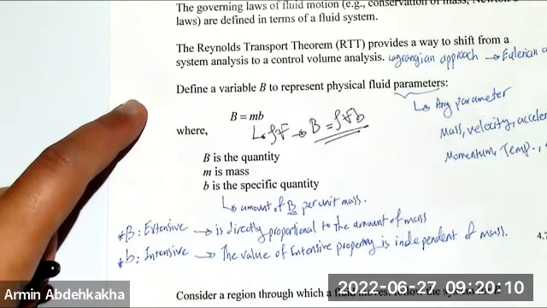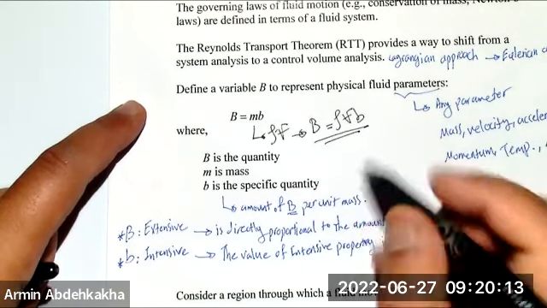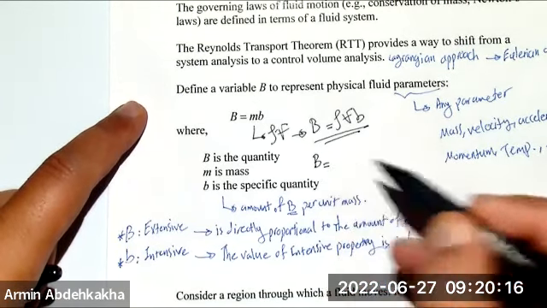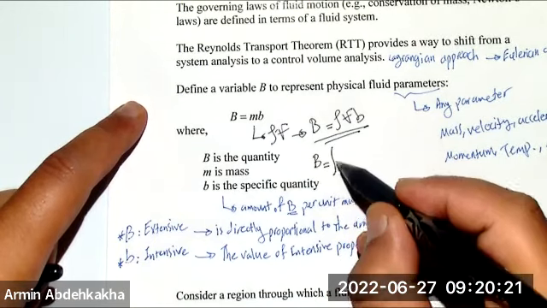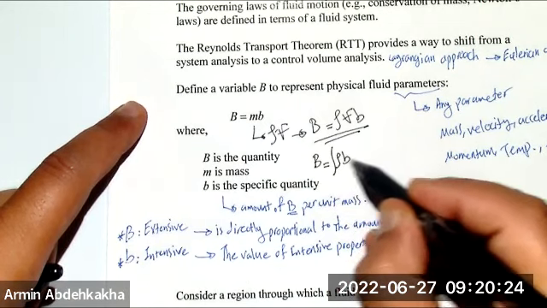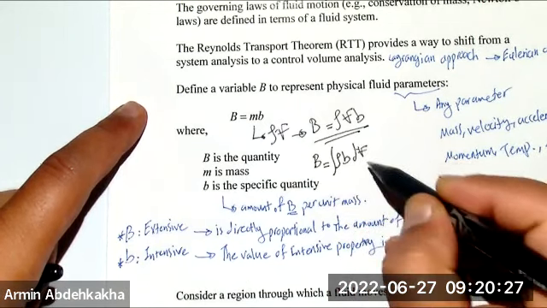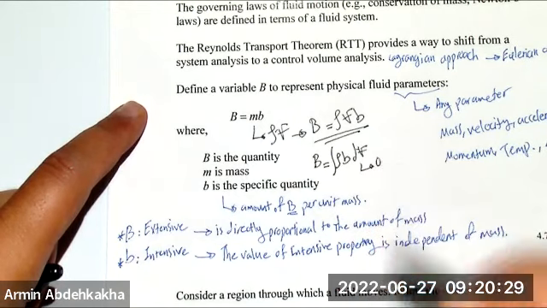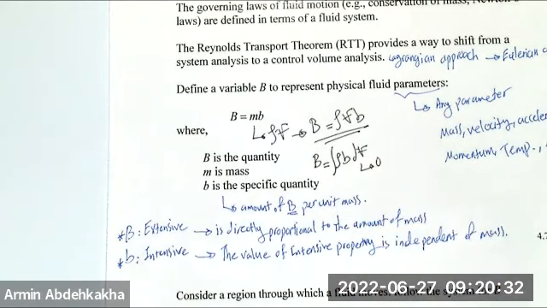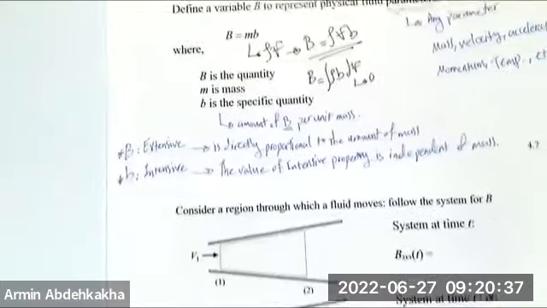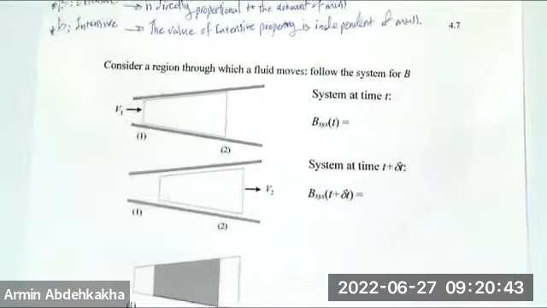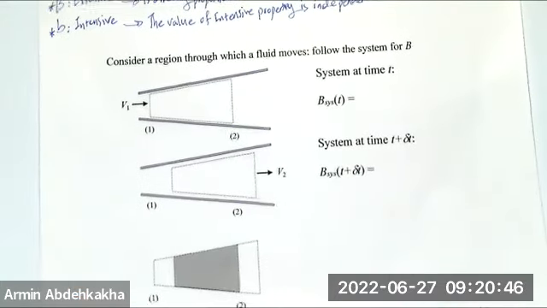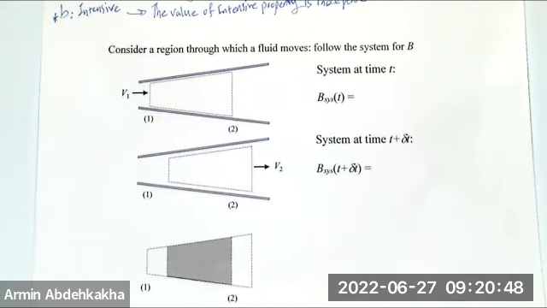Because the parameter may change from one particle to another. That's why we're always talking about a very small amount of volume. That's why we need an integral of rho b dv, where dv goes to almost 0. Okay, it has to be very simple. Based on these assumptions, now you can connect these two, system and control volume, and find a relation between them, which is your Reynolds transport theorem.